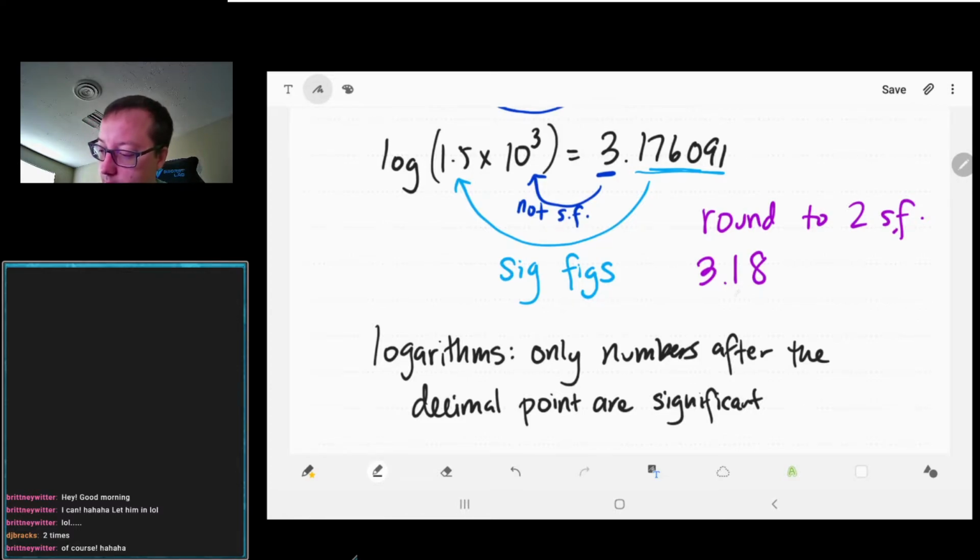So for this number up here, the 3 is not significant, but the 1 and the 8 are. So it's just special rules for logarithms because they basically combine this exponent thing.